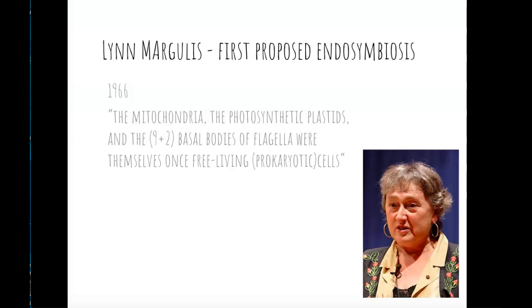If you think about the roots of the word endosymbiosis, endo meaning internal, and symbiosis being a mutualistic relationship between two organisms, it's the idea that eukaryotic cells evolved from prokaryotic cells by taking in other cells and creating a symbiotic relationship with them while they were stored inside of their own cell membrane.